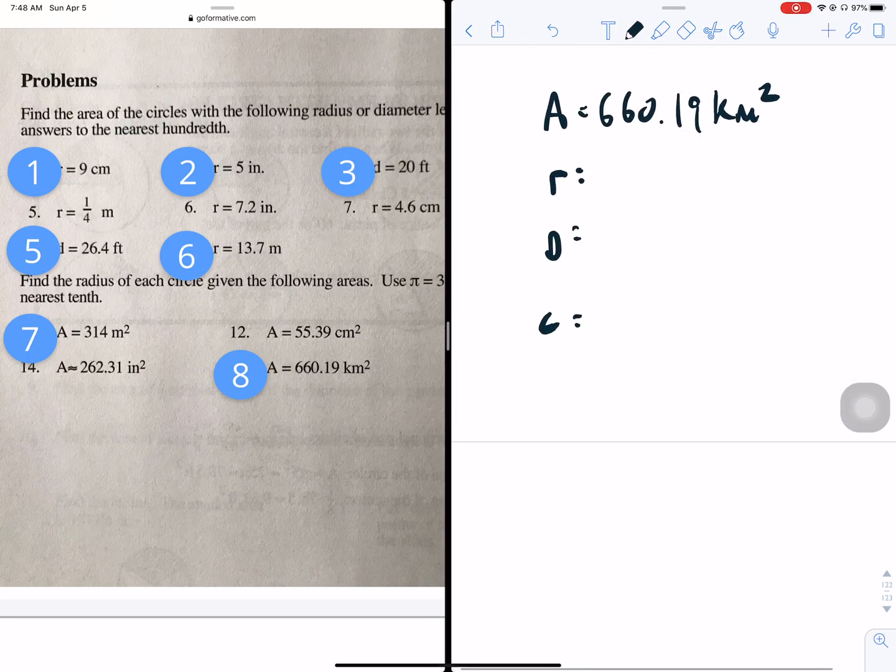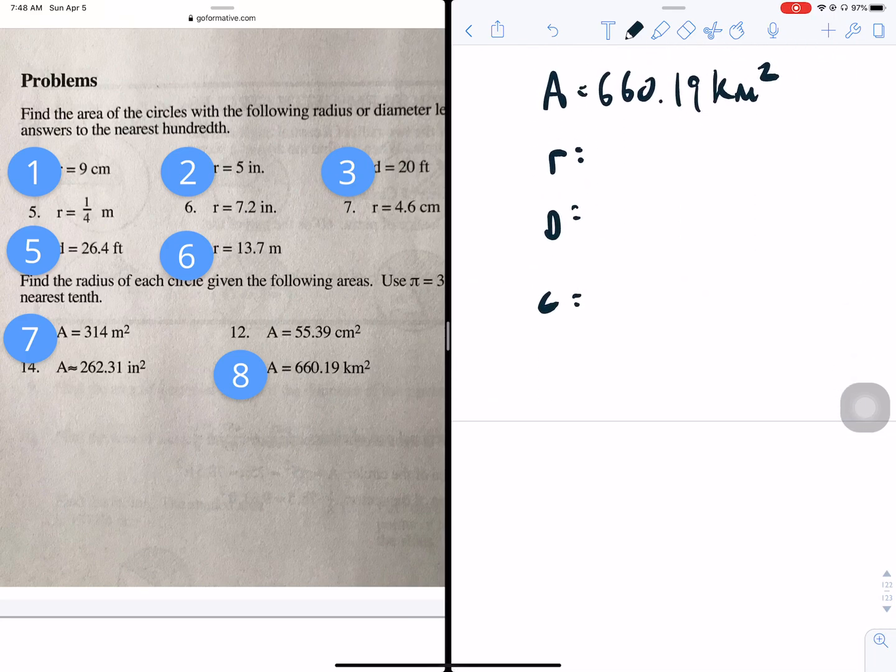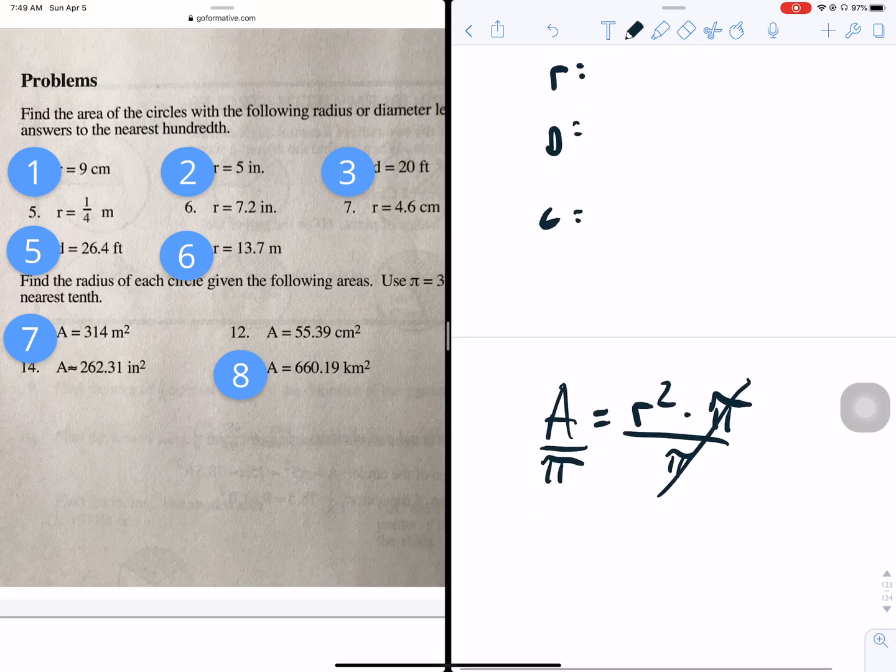This is where a lot of people check out or get lost, or think, I don't know what he's doing. So I'll try to be as clear as possible. Here's the equation again. R times r is r squared. So I'm just going to write r squared. First thing I'm going to do is divide by pi on both sides so I can show you something.